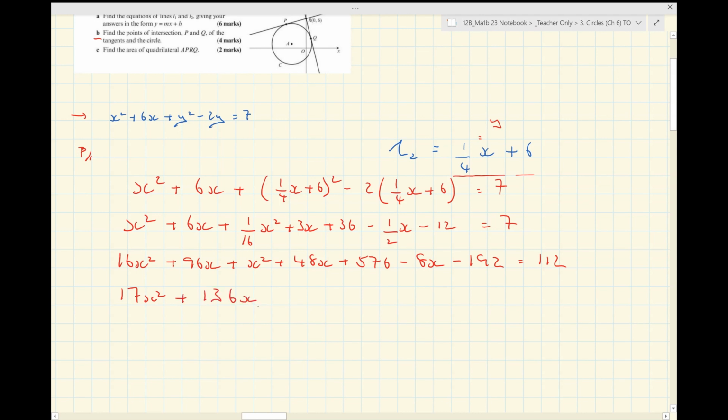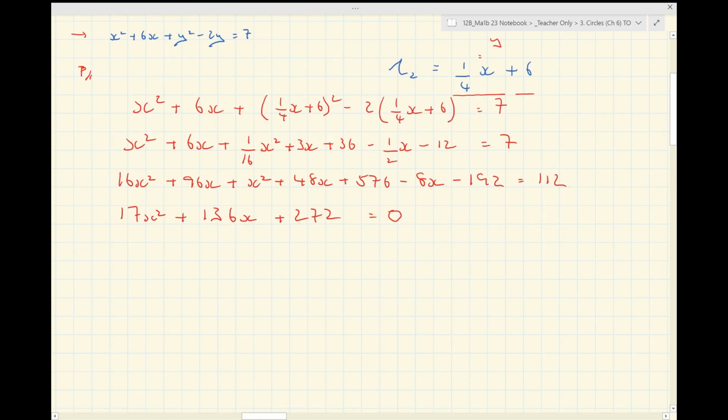Okay, now I've got 576 minus 192 minus 112 to bring that onto this left-hand side gives me my quadratic set equal to 0. I've got to factorise that now. Well, 17 goes into everything, fortunately. 17 times (x squared plus 8x plus 16). Can I factorise it further? Yes, I can. (x plus 4) lots of (x plus 4).